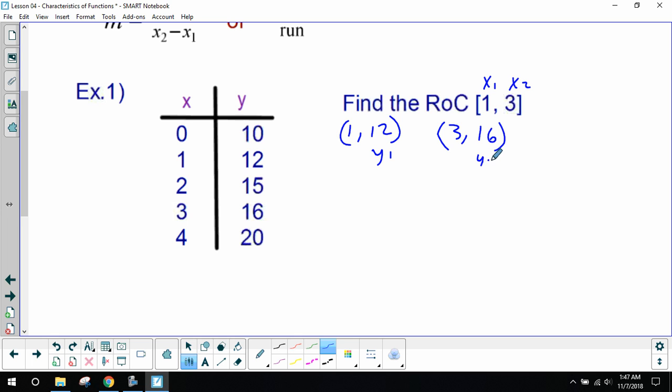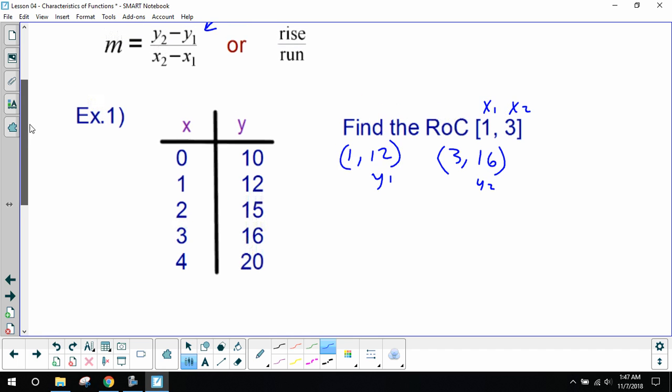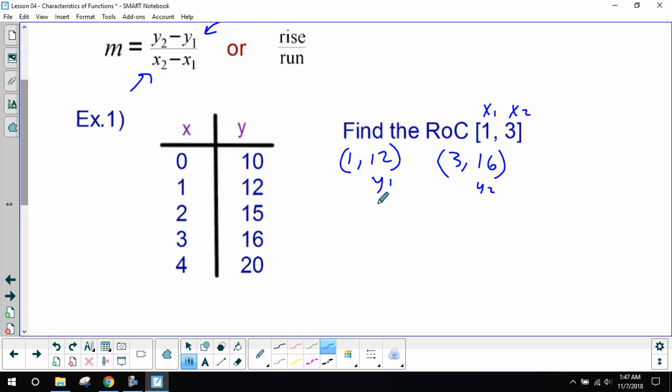Because remember, this is x1, this is x2. So 16 minus 12 over 3 minus 1. And we get 4 over 2, which is 2. So the rock between those is 2.